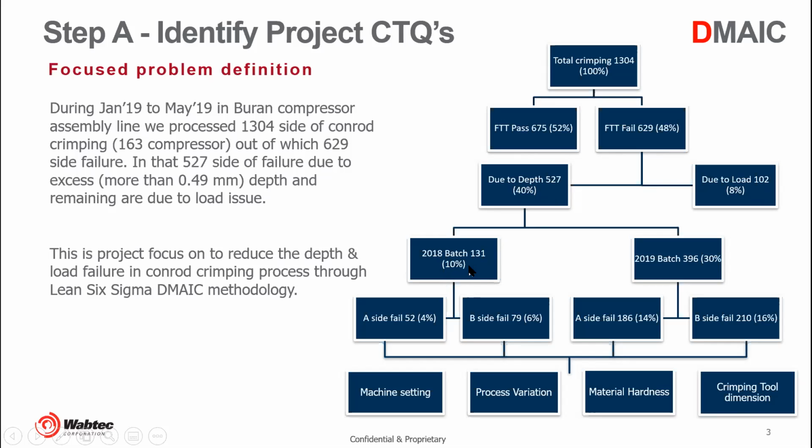If batch was 2018, which was 10%, and 2019, which was 30%, and then you further drill down into which was A side of the conrod, B side of the conrod, and similarly for the batches of 2019. And what were the parameters which were involved? Machine setting, process variation, material hardness, crimping tool dimensions, etc.